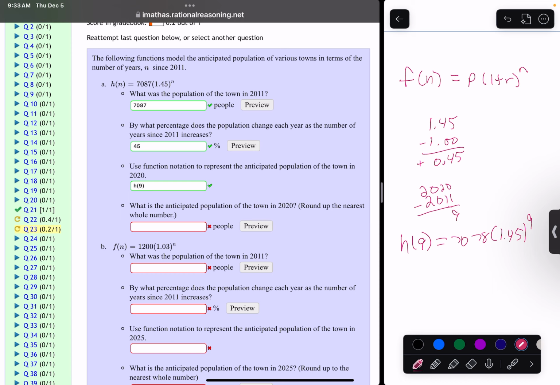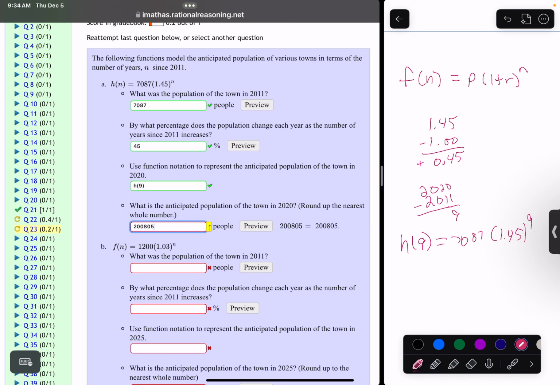So 7087 times 1.45 to a power of 9 gives us, now it does say round up to the nearest whole number, so please watch all of their instructions on things like that. I'll be looking at your work, but if you could please try to follow that instruction, that would be very good.